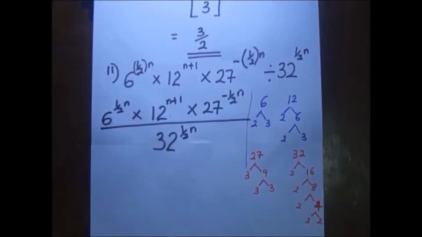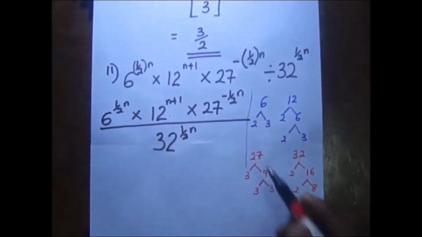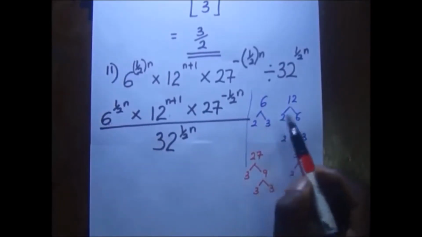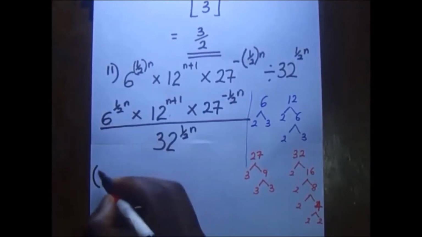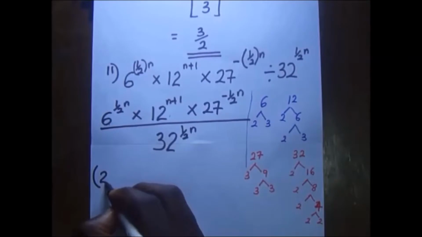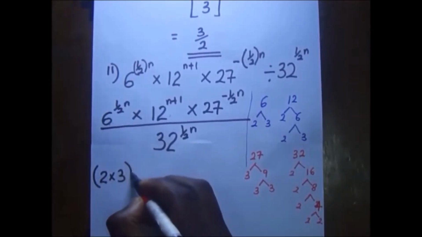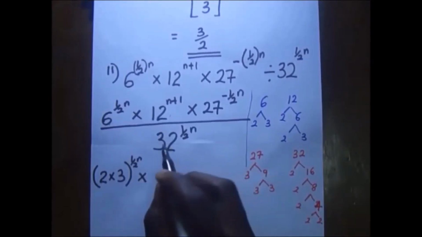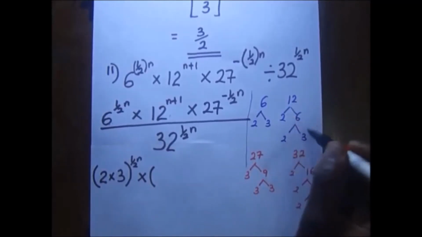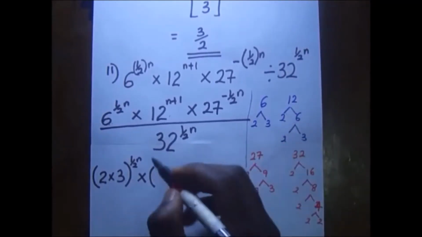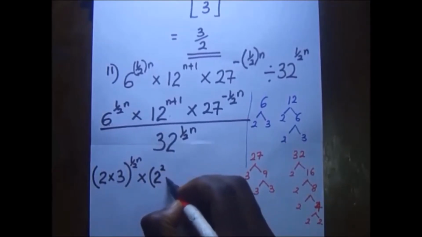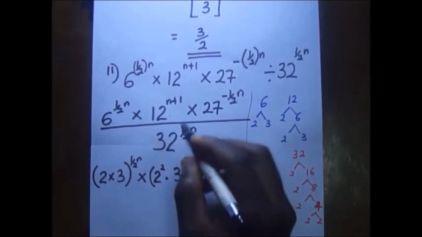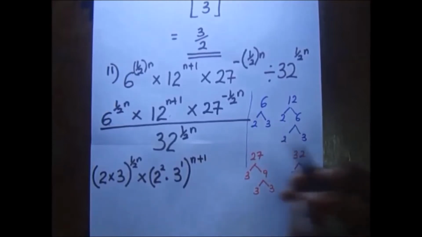So after finding the prime factors, the value of 6 is the same as 2 to the power 1 times 3 to the power 1. So in brackets, it's going to be 2 to the power 1 times 3 to the power 1, all to the power half n, multiply that by 12. What is 12? It is 2 to the power 2 times 3 to the power 1, all that to the power n plus 1.